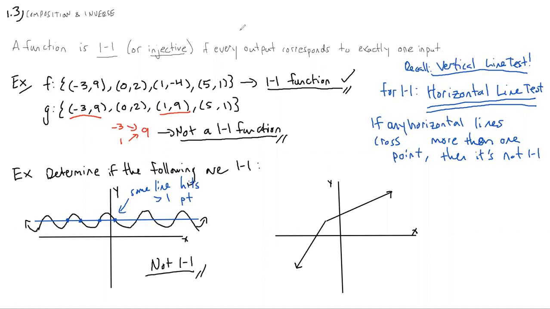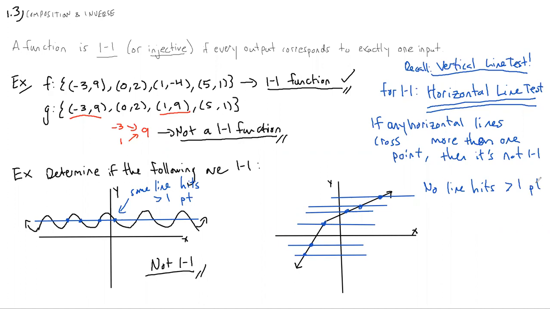Then if we have a look at the second one, it doesn't really matter which horizontal line I try to draw here. Just work with me. I know they're not all exactly horizontal, but that's the idea. They all hit exactly 1 point on my curve. You might hit none sometimes, but they never hit more than one. So no line hits more than 1 point, and as a result, this second one actually is 1-to-1.